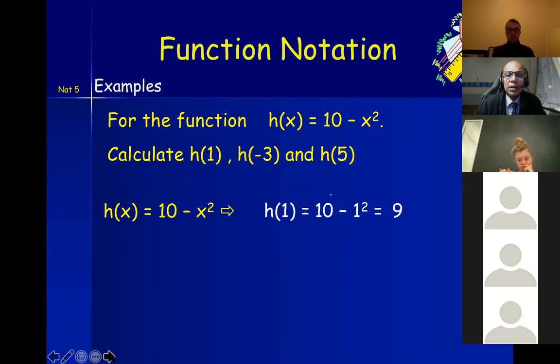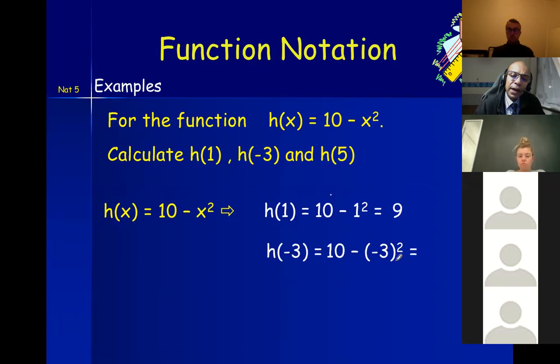-3. Is it 1? 10 minus 9. -3 times -3 is 9. So it should be 1. Yep. So 10 minus -3 squared. This is the bit that is important: make sure you put your brackets there.